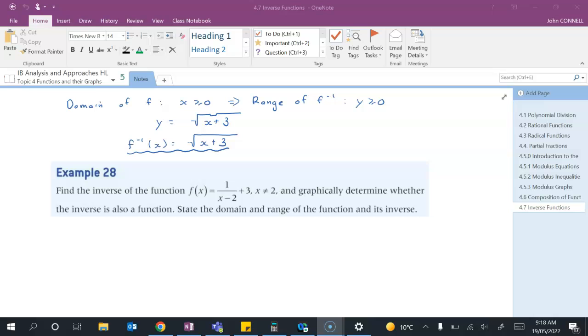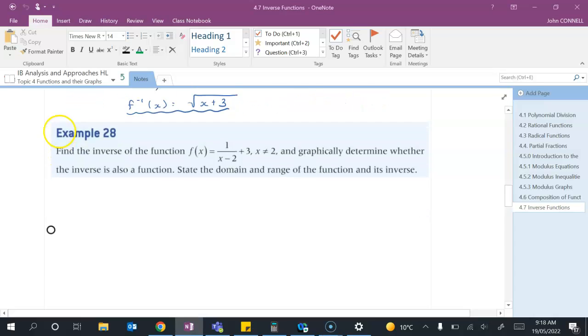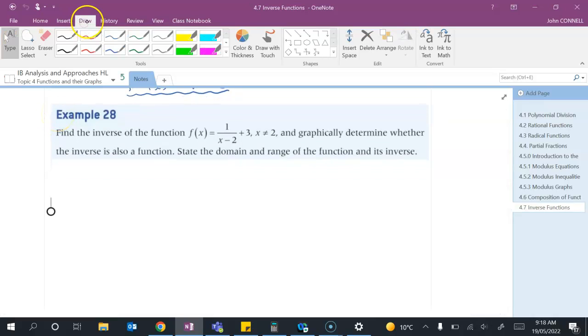Okay, so now if we go to our second example, finding the inverse of this function. So again, we start at the same place. We start by saying that y is equal to 1 on x take 2, plus 3. This is a relationship for f.